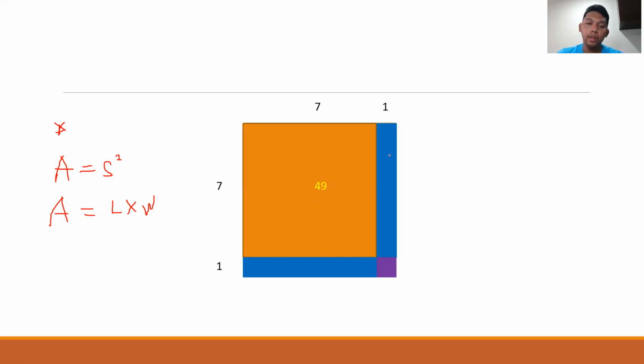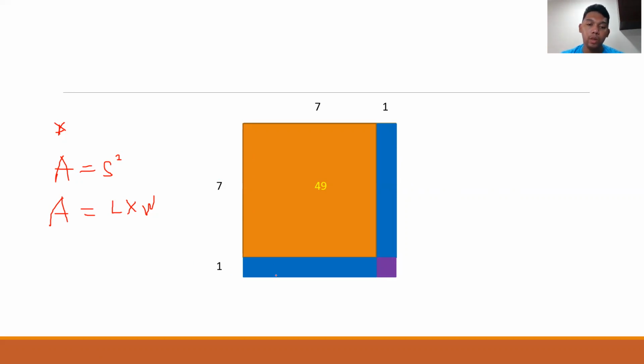So for this one here, how do you get the area? This is the length, I mean, this is the width. Now, what do you think is the length here? It's 7, since they are using the same side as the orange one. So this is 7.